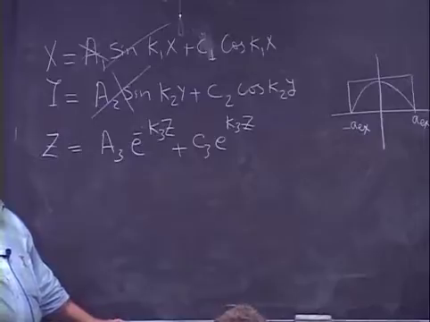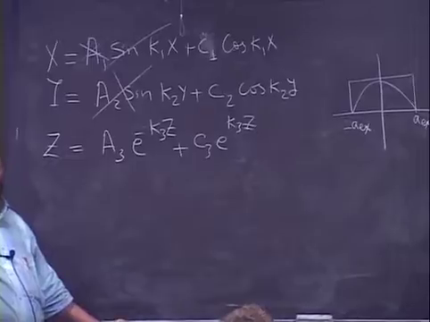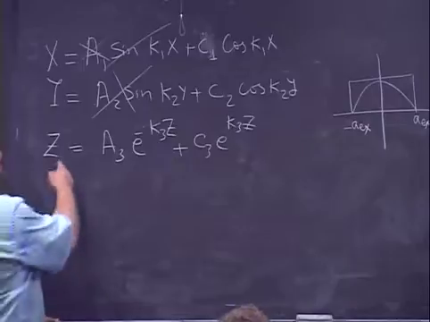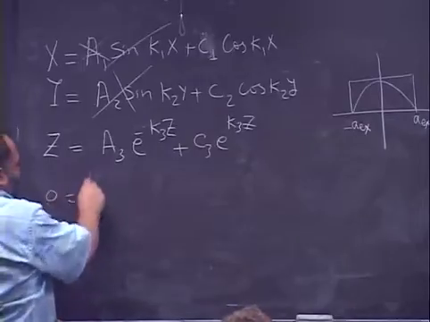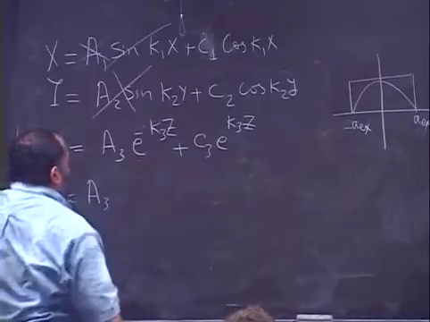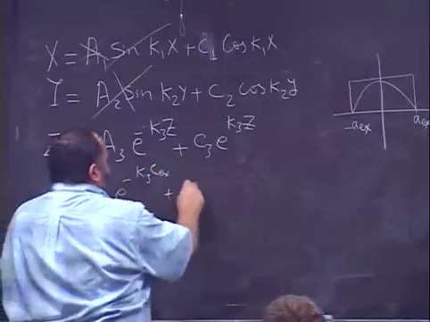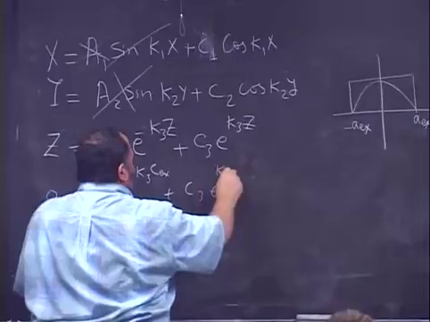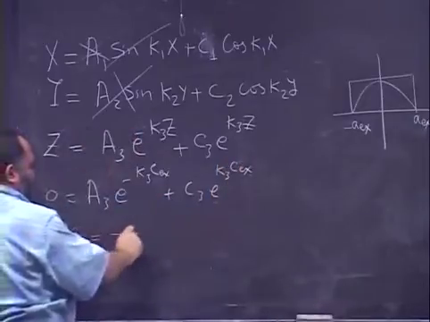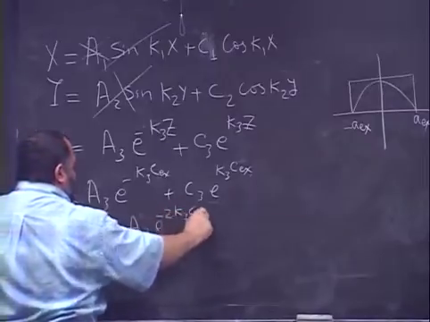Now, let's come to this one. This one has no symmetry. The condition is that the flux at c extrapolated equals 0. So this one will give me 0 equal to a3 e to the power of minus k3 c extrapolated plus c3 e to the power of k3 c extrapolated. From here you will get c3 equal to negative a3 e to the power of minus 2 k3 c extrapolated.